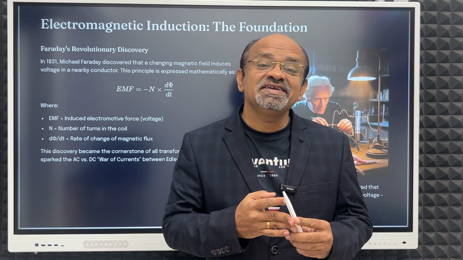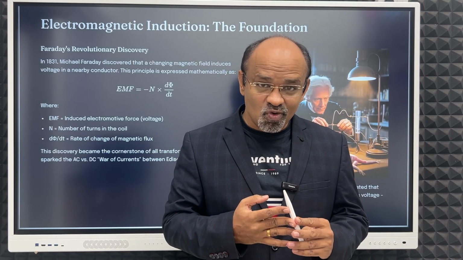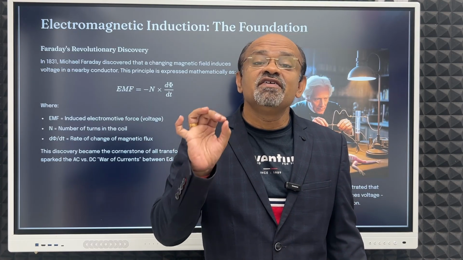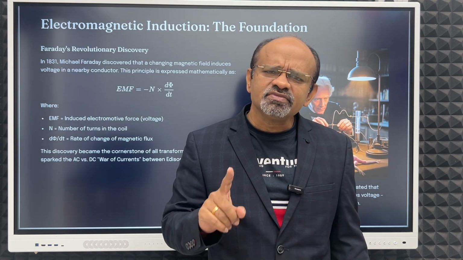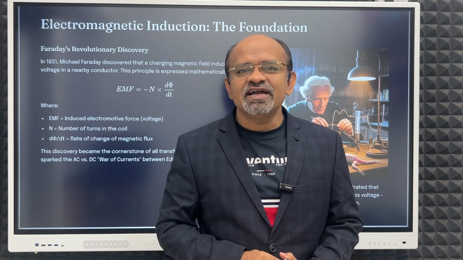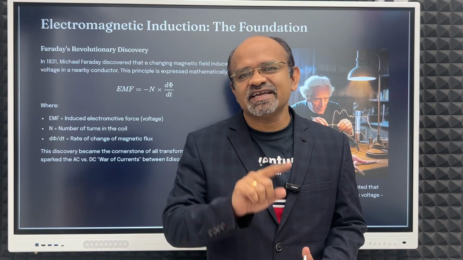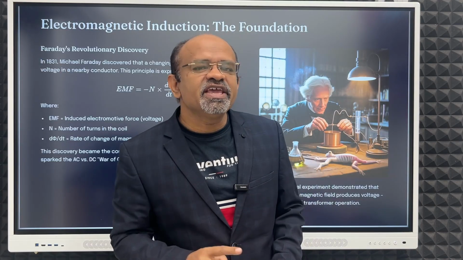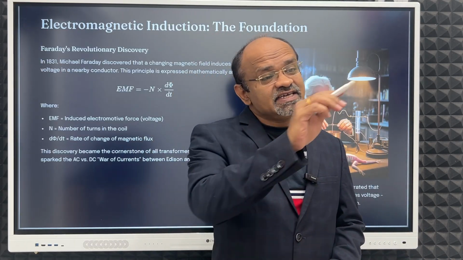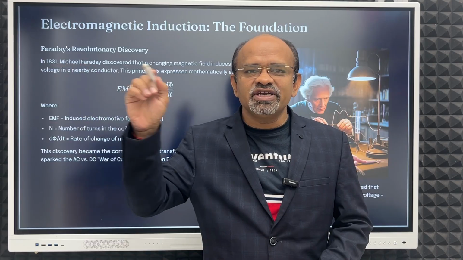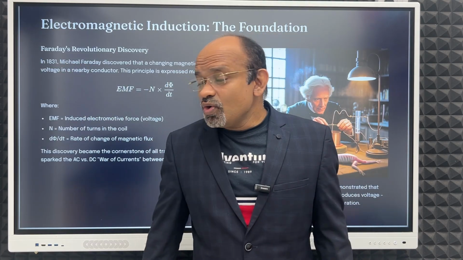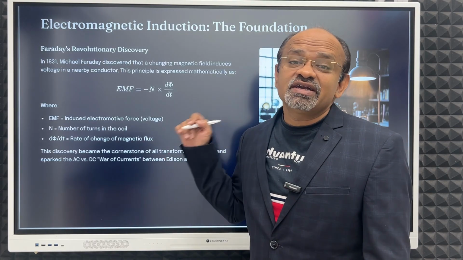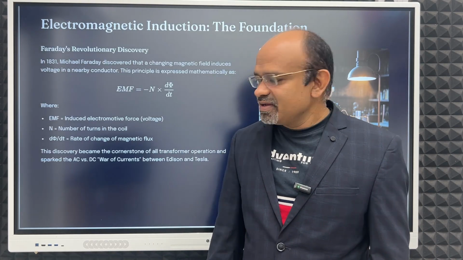So in AC, chances of survival are more because it goes to zero 50 times in a second, or in America, 60 hertz. So 60 times in a second the power comes to zero, and then again rises to the maximum peak. This is AC, and DC is at max all the time, never coming to zero. Only this was the reason Nikola Tesla could win this war.